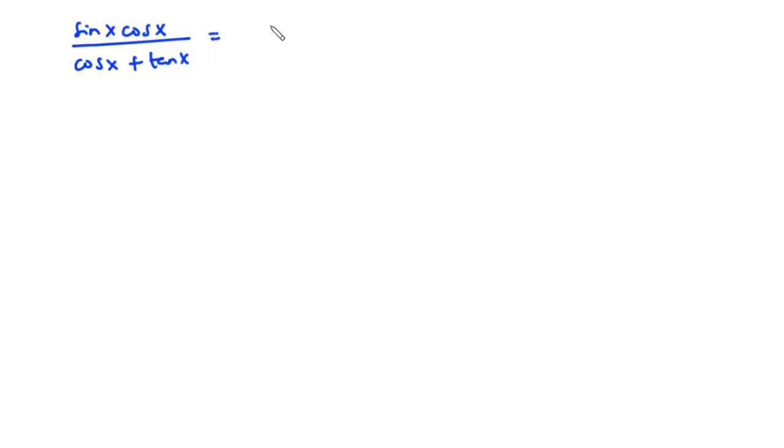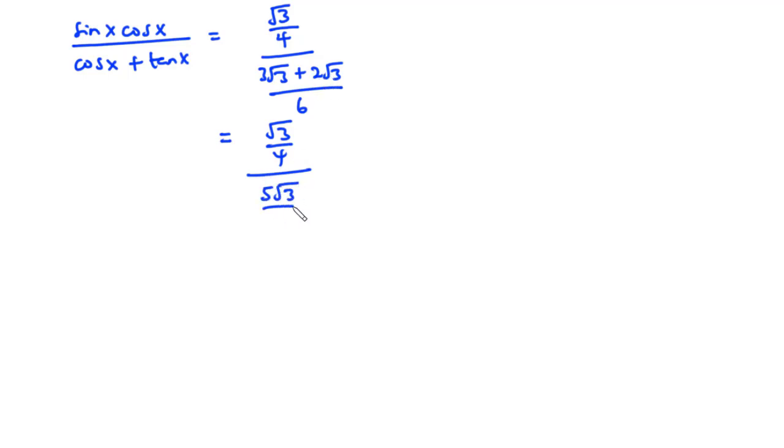So we got to the point where we had root 3 over 4 divided by 3 root 3 plus 2 root 3 divided by 6. So this becomes root 3 over 4 divided by 3 plus 2 is 5, so 5 root 3 divided by 6. We can simplify further. We have root 3 over 4 times 6 over 5 root 3.